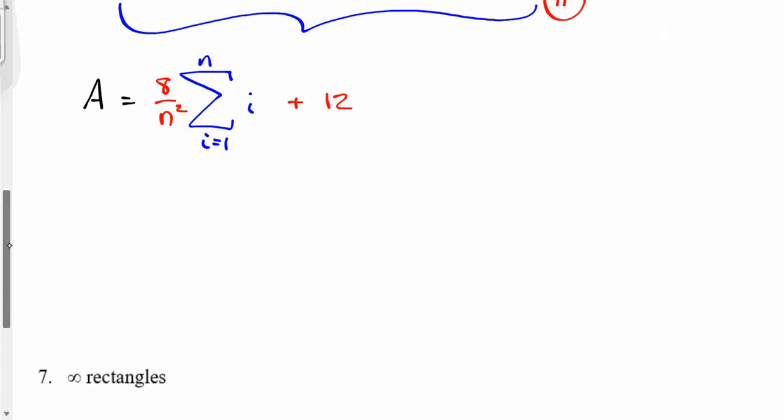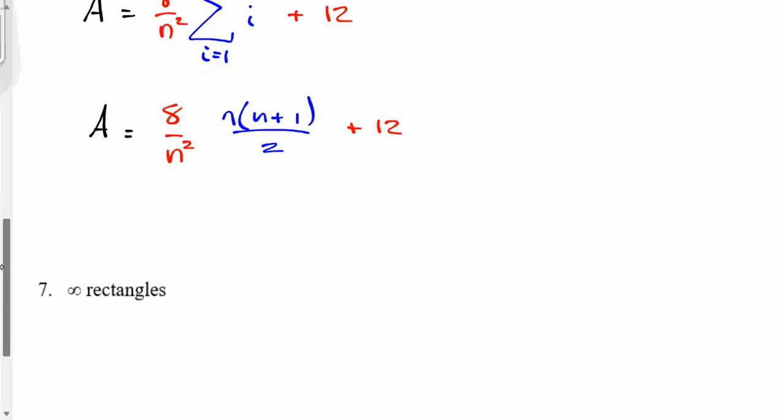Well, what is this sum equal to? Eight over n squared. Yep, this is one of the sums we looked at yesterday. I put it on the board here because I always need a reminder. n times n plus 1 over 2, plus 12. Let's simplify this a little more. We'll have our area is equal to 8n squared.